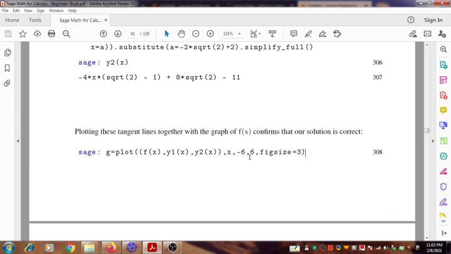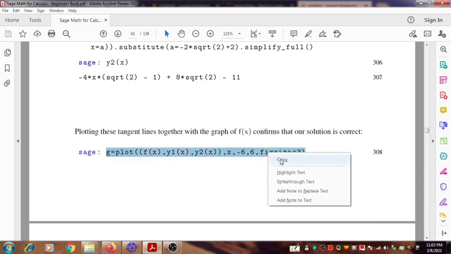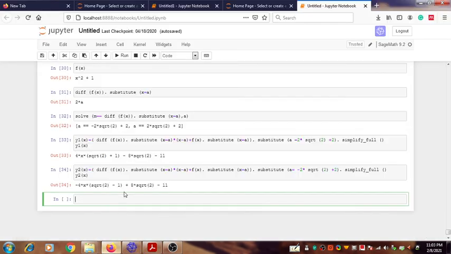These are the left and right limits of x, and x will take all the values between minus 6 and plus 6 for plotting the curve. And fixed size is the command to specify the size of the curve. Now we copy it and use it.